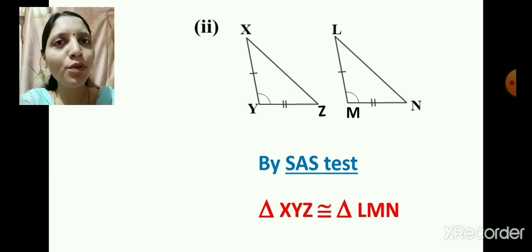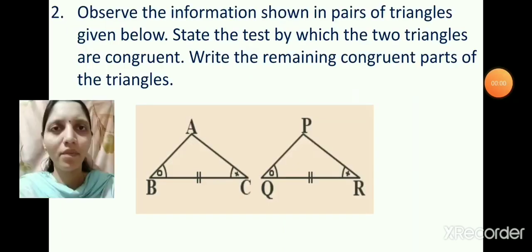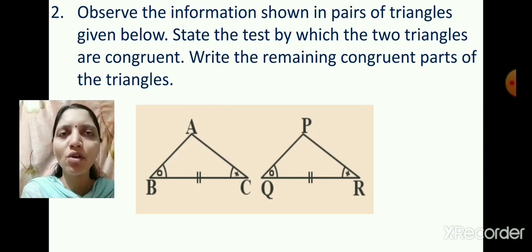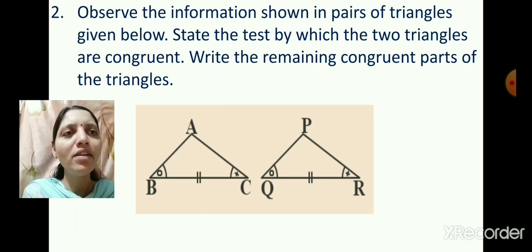I hope you all are understanding this. Now let's see the second question. Observe the information shown in the pairs of triangles given below. State the test by which the two triangles are congruent. Write the remaining congruent parts of the triangle. Now here two triangles are given, triangle ABC and triangle PQR.